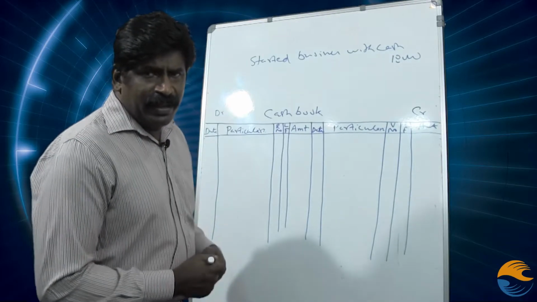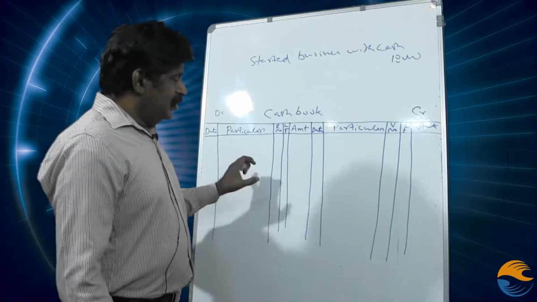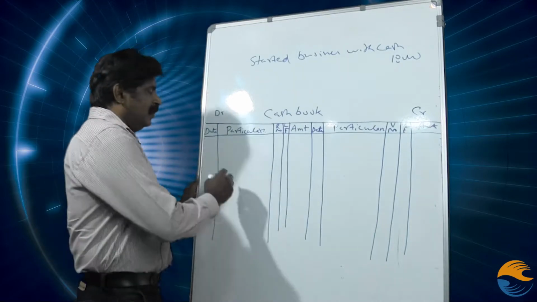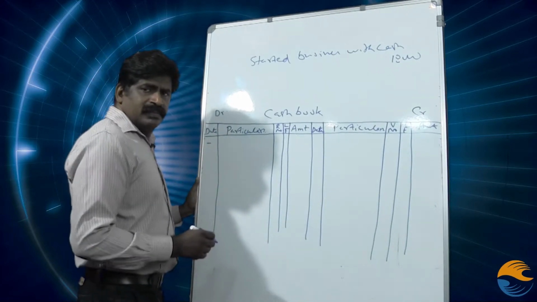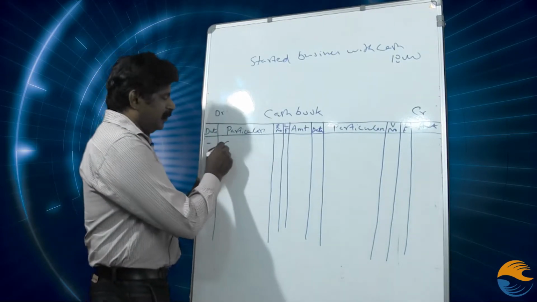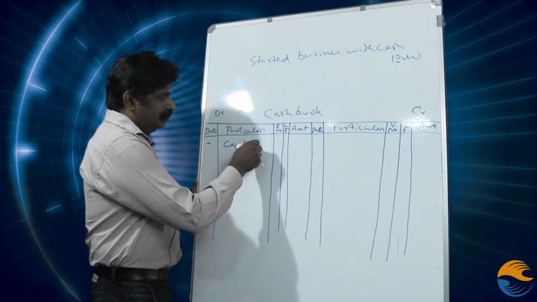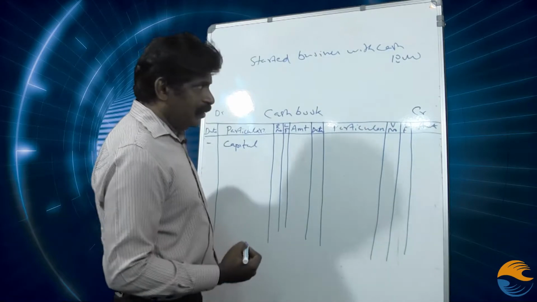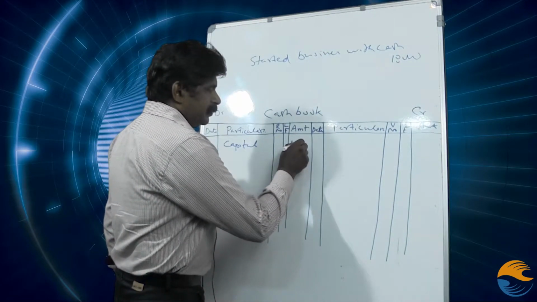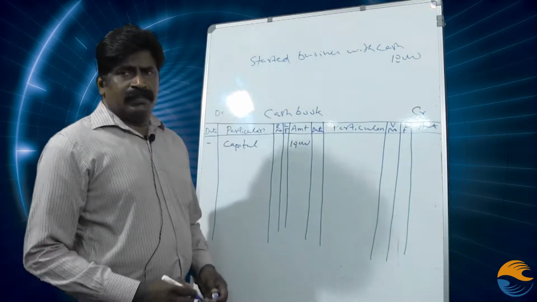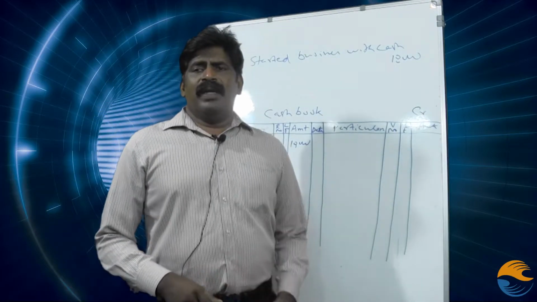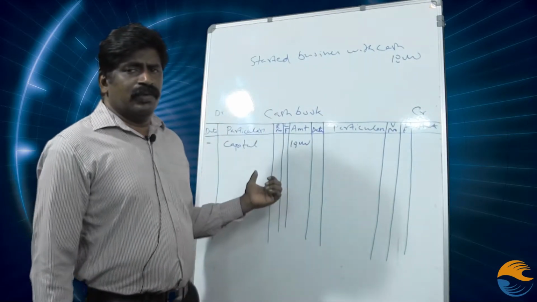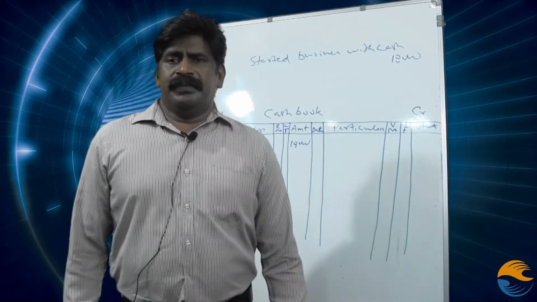So it should be debited in this particular column. After writing the date, we write as capital. Means amount came into the business in the form of capital. It's rupees 10,000. So when money comes into the business, it is to be shown on the debit side.